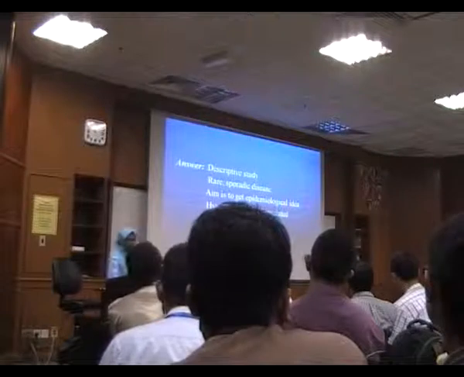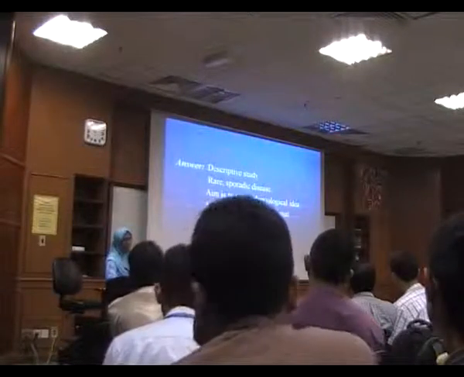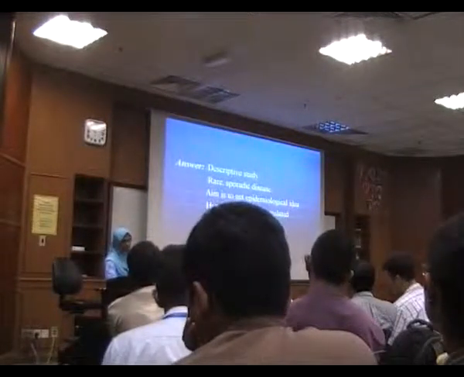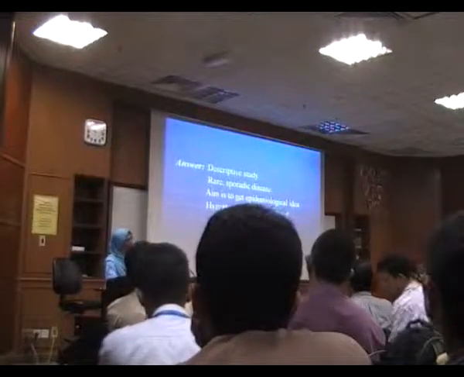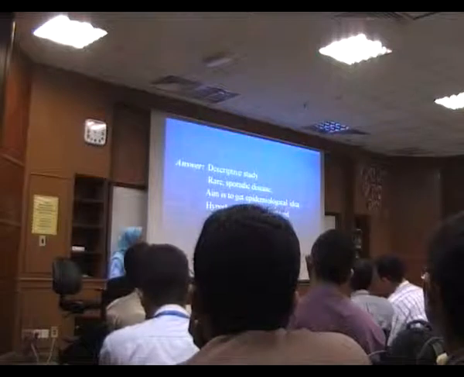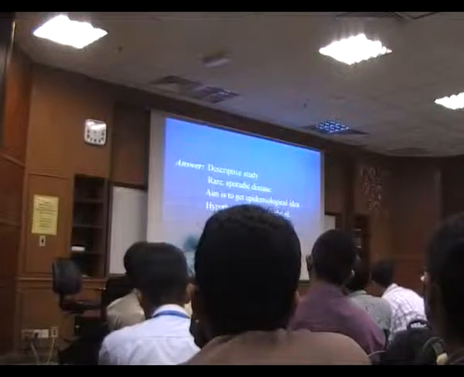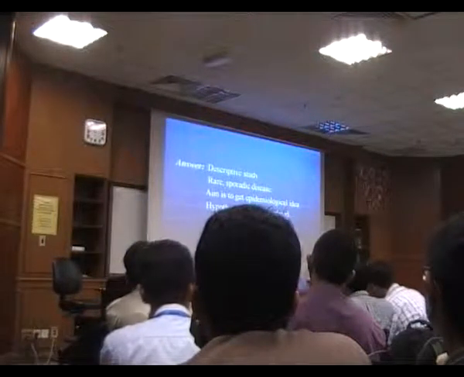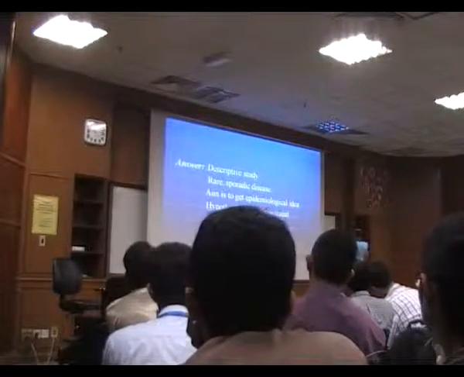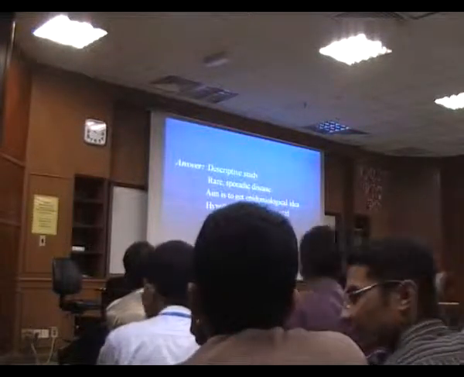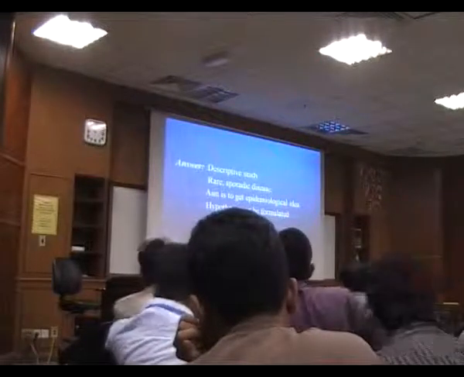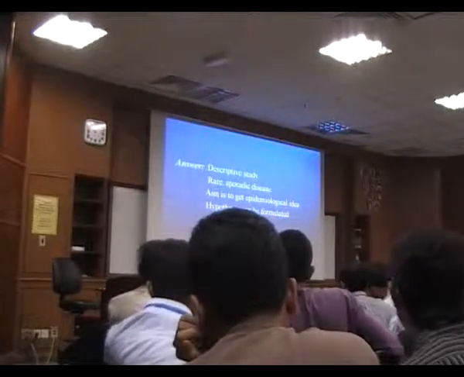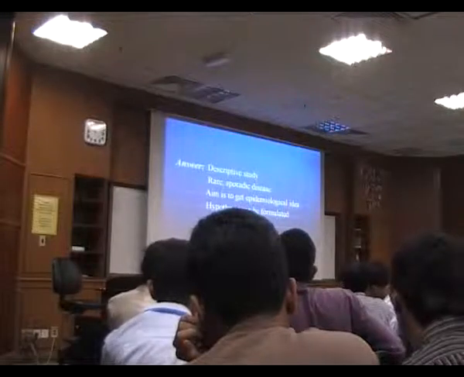So, a descriptive study is for a rare and sporadic disease, because your aim is to get the epidemiological idea. You are not going to look at any association. You are not going to find out any associated factor or causal factor. You want to know some epidemiological idea. That's why your design should be descriptive.